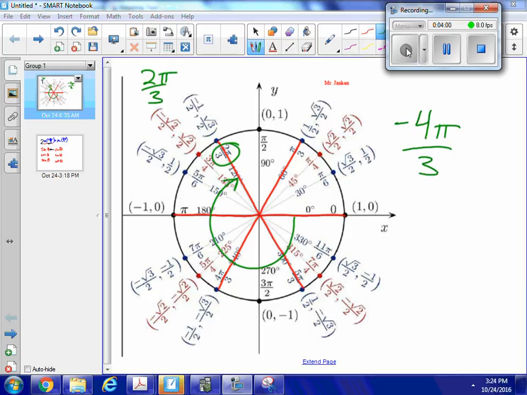So what is the sine of a 2 pi over 3 angle? Well, I can see from the y value that it's radical 3 over 2. Or I could have drawn my little triangle here and realized that this was 60 degrees and this is 30 degrees. So this is my reference angle. I'm looking at the side opposite, which is the long side. So again, I get radical 3 over 2.